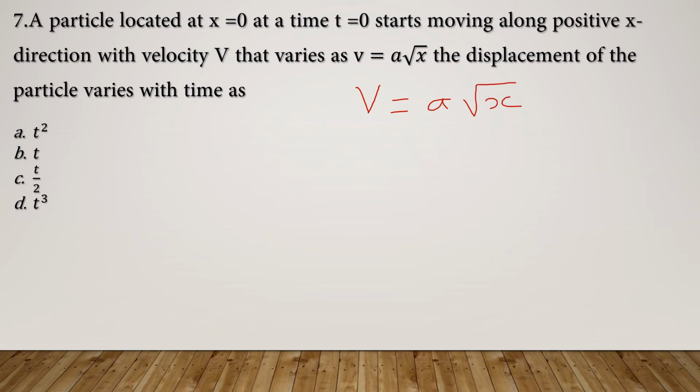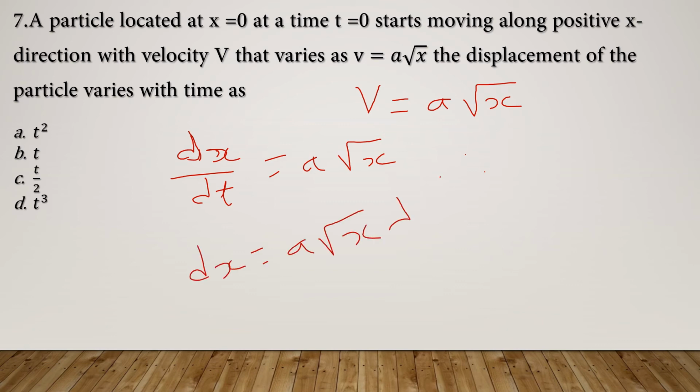V is equal to a into root of x, which means v is nothing but dx by dt. So dx by dt is equal to a into root x, and therefore dx is equal to a into root of x into dt, separating the terms.